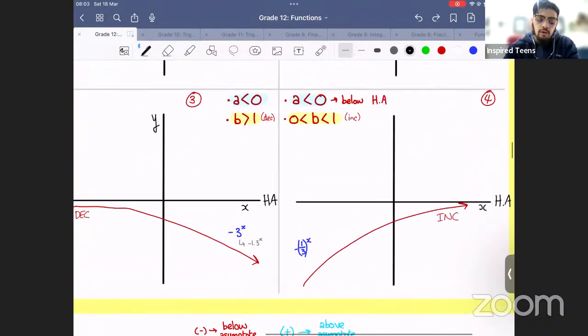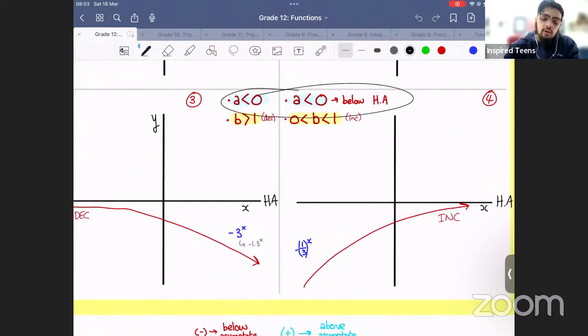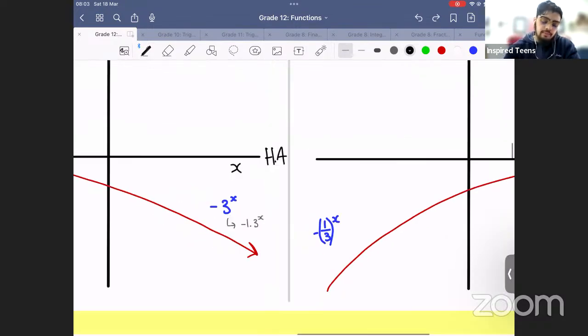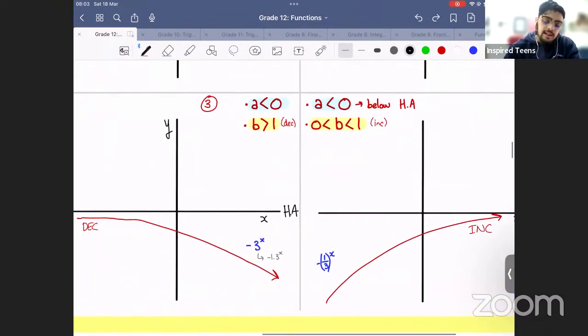Then we moved on to when a is less than 0, we go below the horizontal asymptote, and as we can see here, a is negative 1. Obviously we don't have to draw in that negative 1, but you do need to note that a in that case is negative 1, and b here is 3, and b here is 1 over 3. So when b is greater than 1 but a is negative, that means it's below and decreasing.